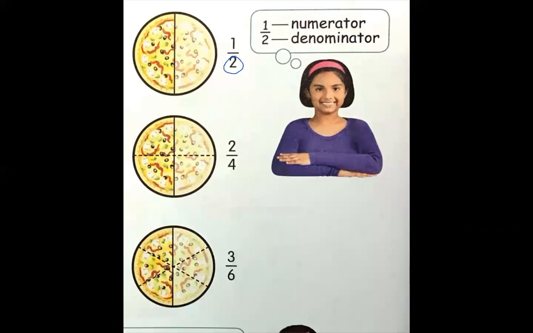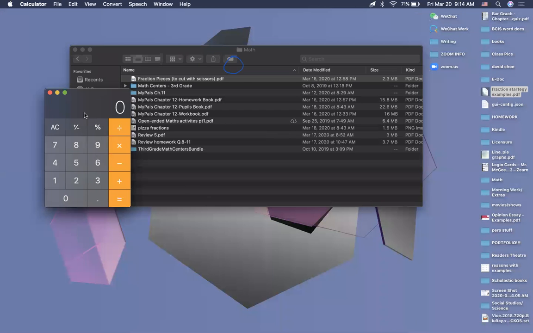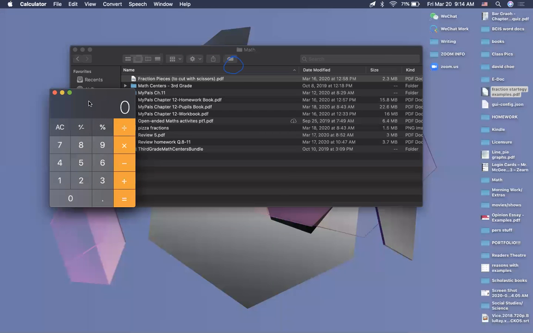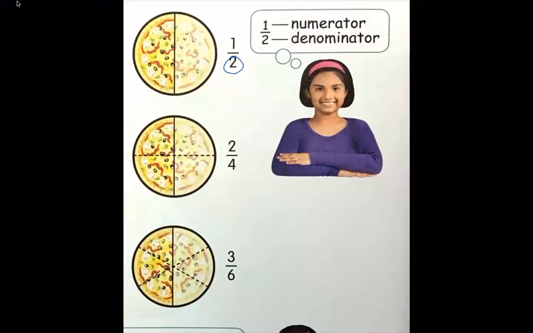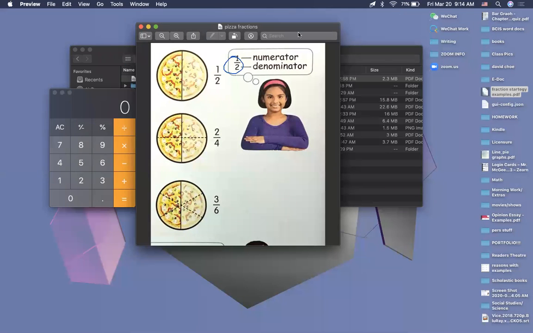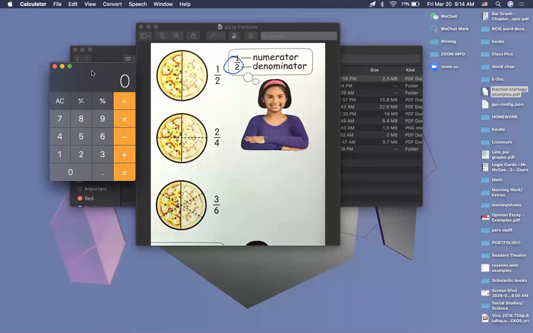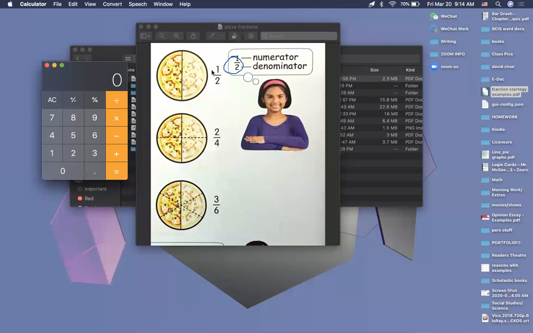All right, let's do a little test. Can you see the pizza in my calculator here? So 1/2, we can make it into a decimal. So we'll do a divide. Look at my calculator. First, Justin's pizza: 1 divided by 2 equals 0.5, right?